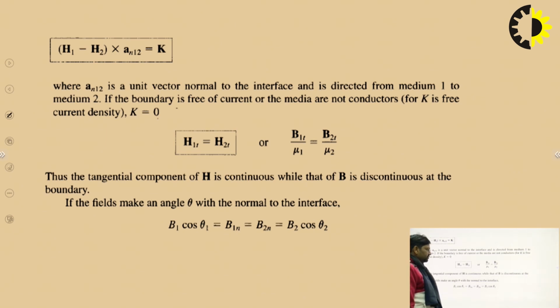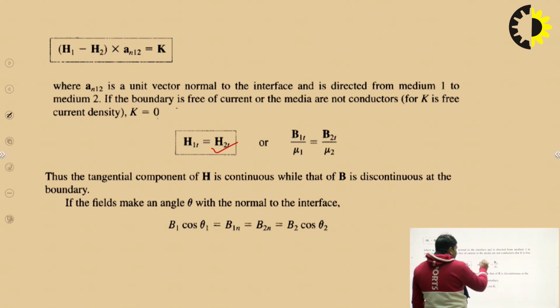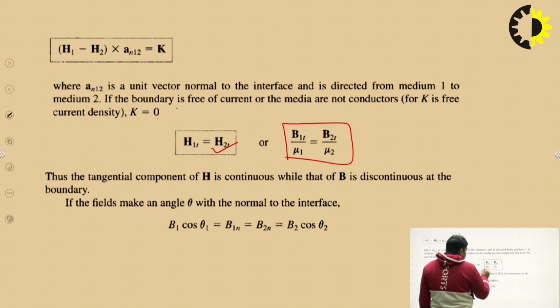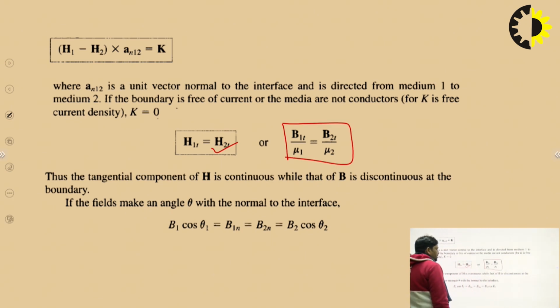H1t is equal to H2t, so the tangential magnetic field intensity is equal. And the normal flux density Bn1 is equal to Bn2. That means mu1 Hn1 is equal to mu2 Hn2, so Hn1 upon Hn2 is equal to mu2 by mu1.